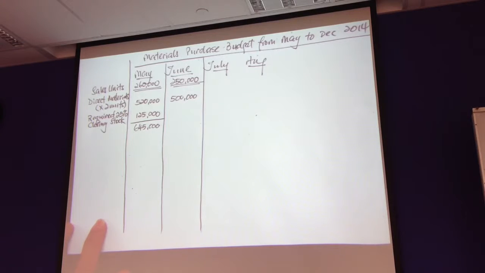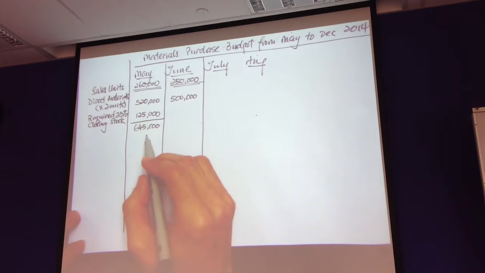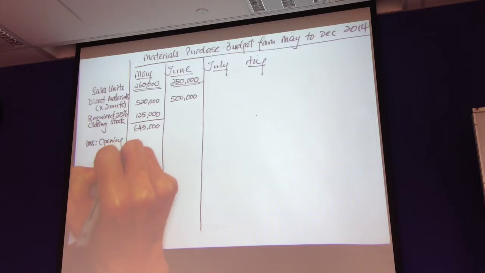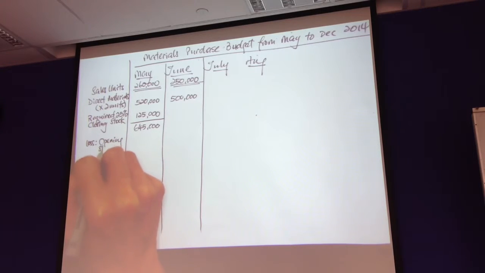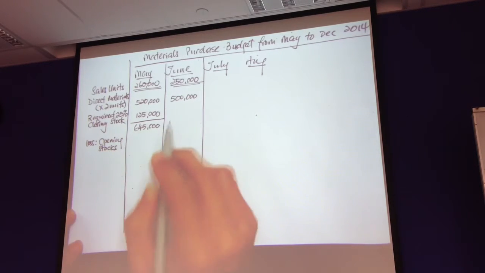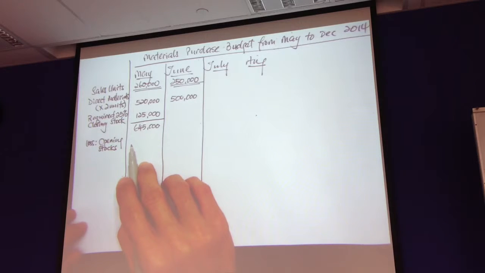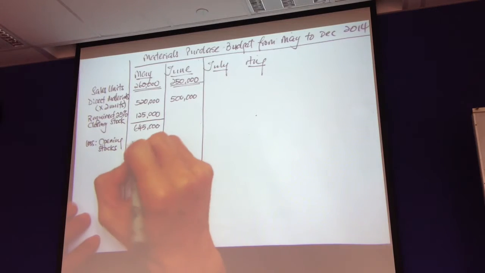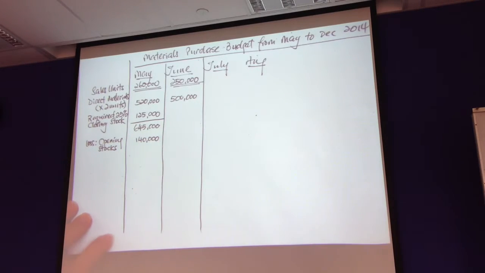Everyone gets this? But you're told that you have a certain amount of opening stocks in the question. How much is your opening stocks given to you in the question? 140,000 given in the question.